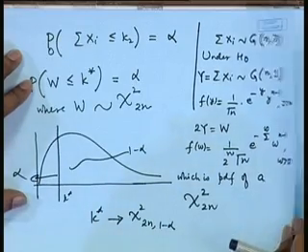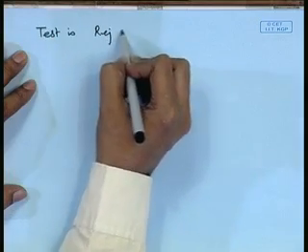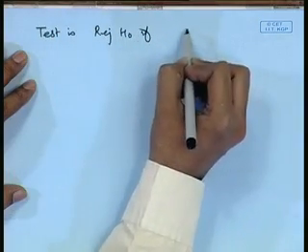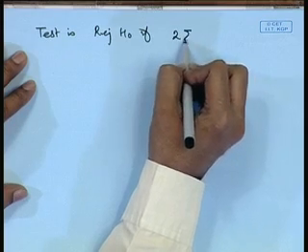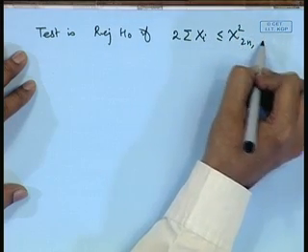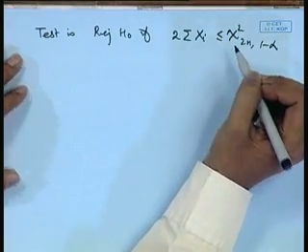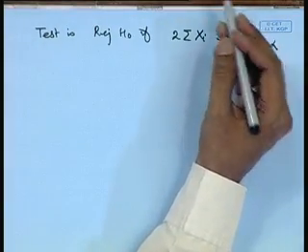So, the test function then becomes: reject H naught if twice sigma xi is less than or equal to chi square 2n, 1 minus alpha. Let us again analyze this statement in a practical sense.